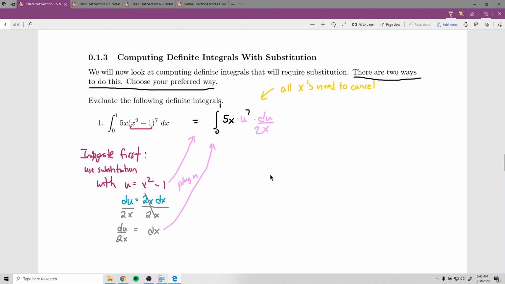Like I mentioned before, I'm pretty much doing the problem as if the 0 and 1 weren't there, and we were just doing a 5.2 problem for now. But the x's do cancel, luckily. So what are we left with? We have 5. The x is gone. We have u to the 7th. We have du over 2.